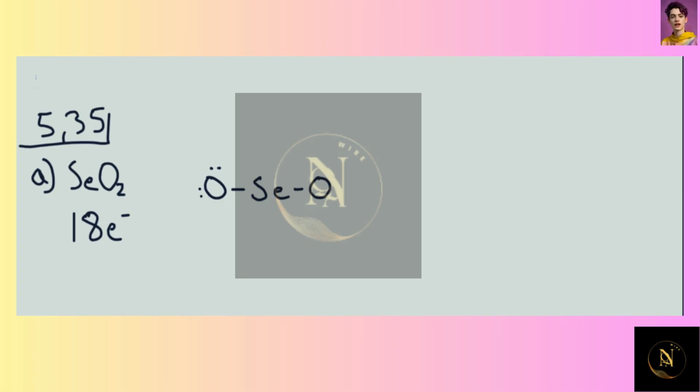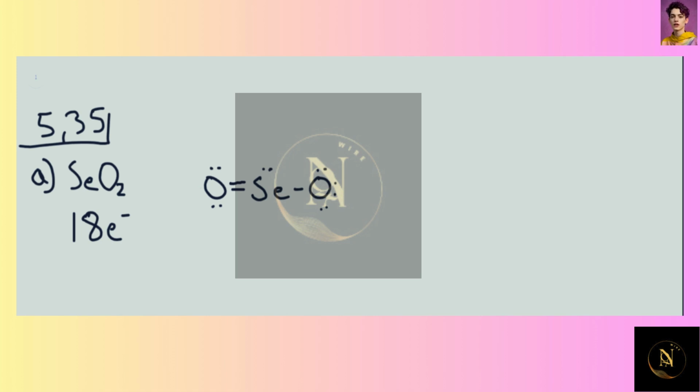So we can assign 12 electrons around the oxygen, and then the 13th and 14th electrons go to the central atom. However, this central atom here has only 6 electrons, so one oxygen is going to have to share its electrons with selenium. So we have a double bond.